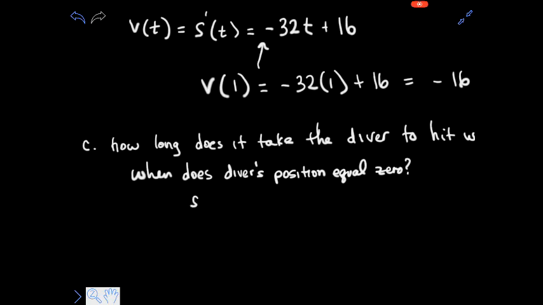So what we're trying to answer is this equation, because the position of the diver is given by the equation S of t, so we're trying to figure out when does S of t equal 0. So we've got negative 16t squared plus 16t plus 12. We need to solve this equation for 0.